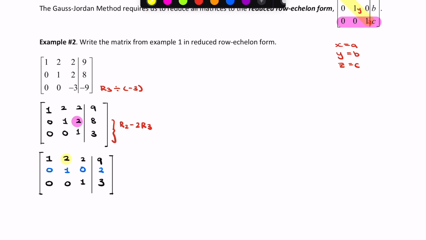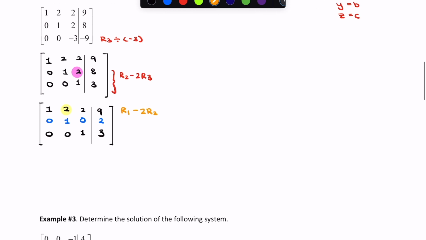Next, we're going to simplify this 2 value to make that 0 as well. To do that, we're going to take our R1 subtracted by 2 R2. Again, our row 1 subtracted by 2 of the row 2.